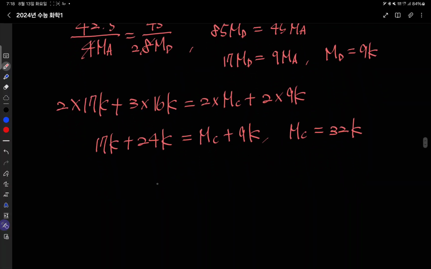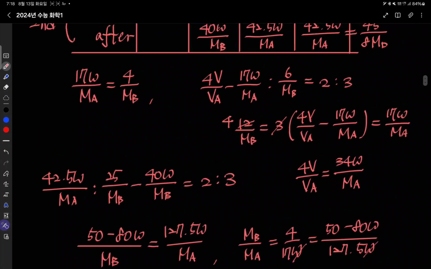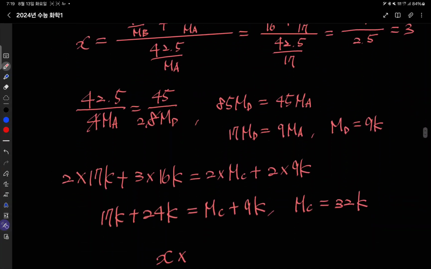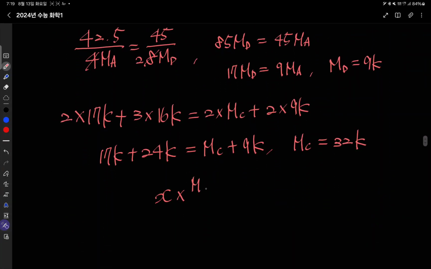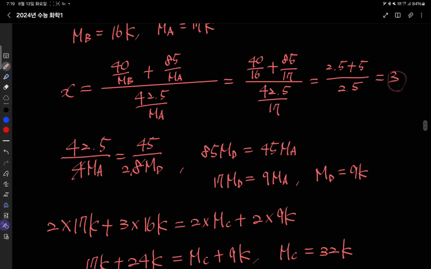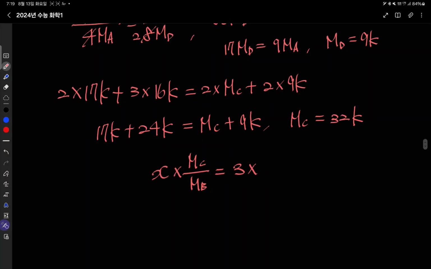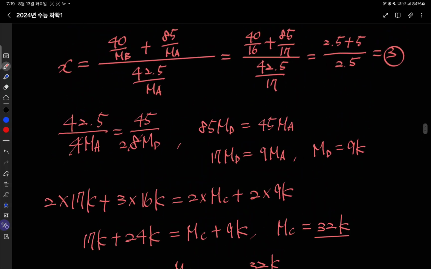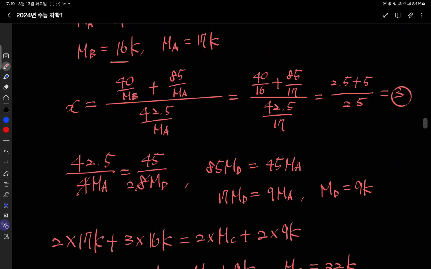So finally, the value we want, X times MC over MB, is 3 times, the value of X is 3, MC is 32K over MB is 16K.